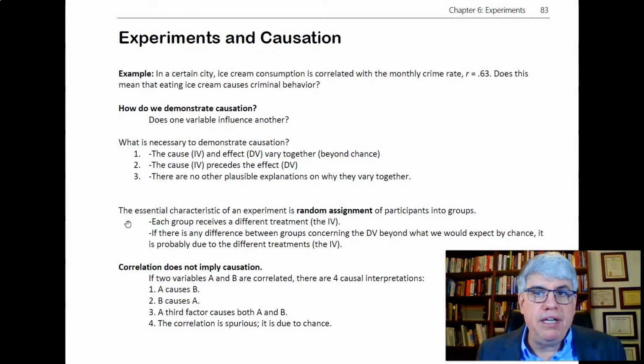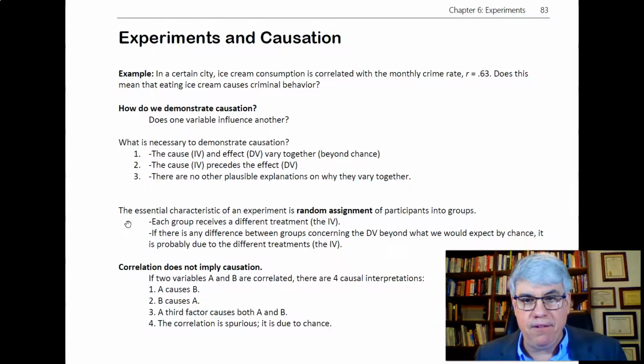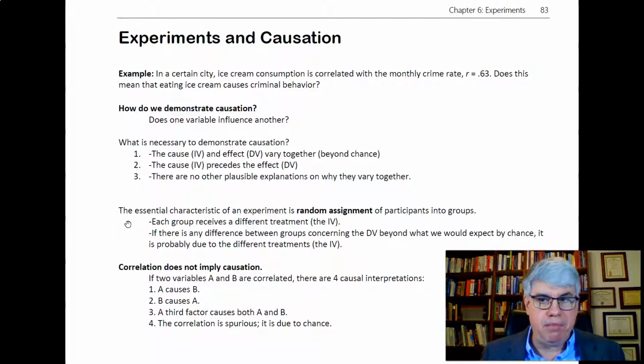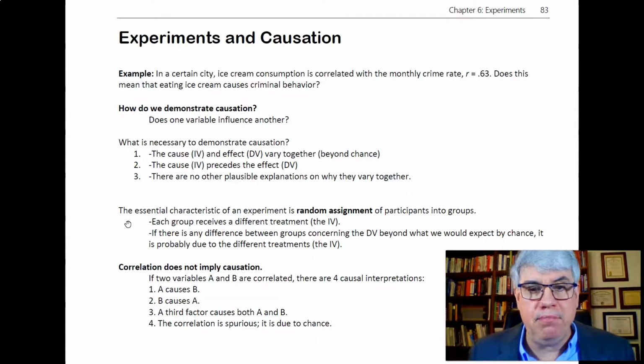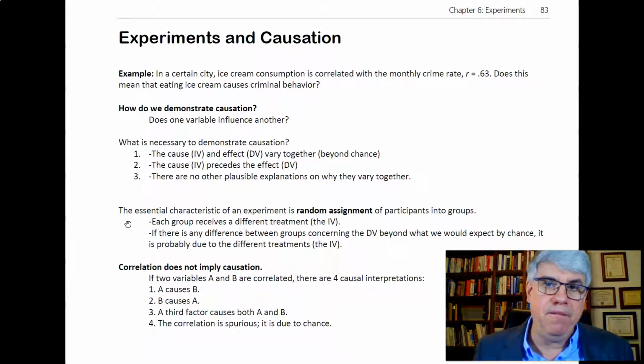And that's the only difference between the two groups in a well-designed experiment, this change in treatment in the independent variable. So if there is any difference between groups concerning the dependent variable beyond what we would expect by chance, it's probably due to the different treatments of the independent variable, the ice cream consumption.